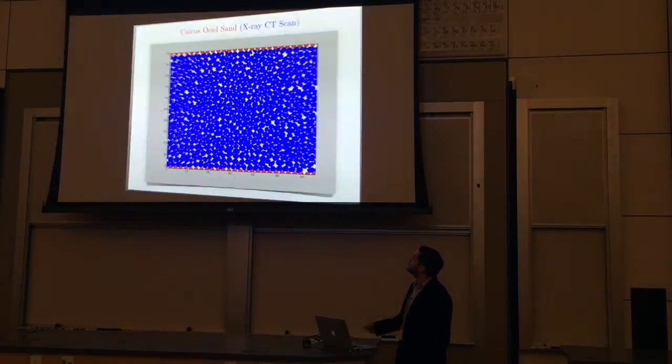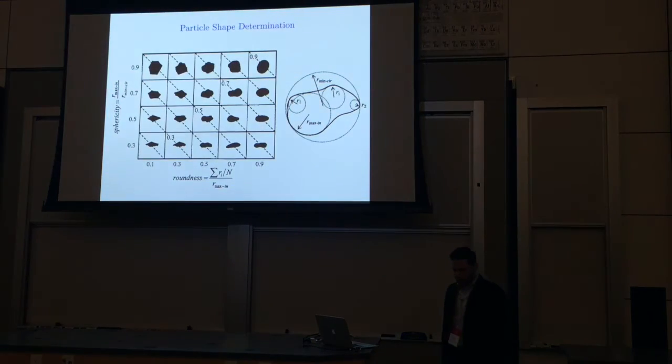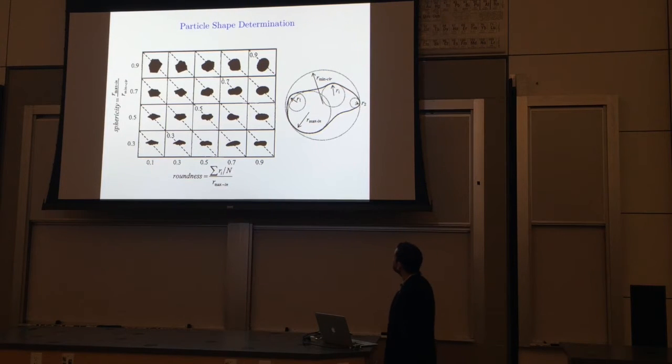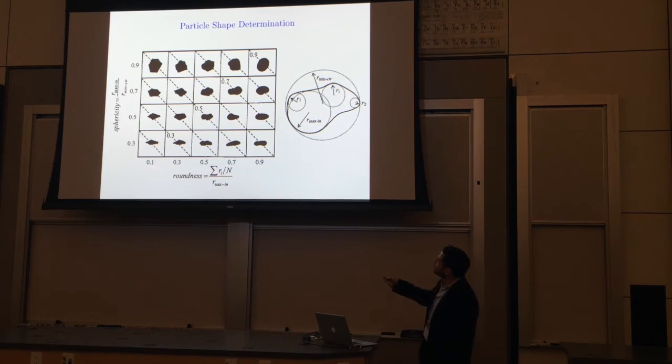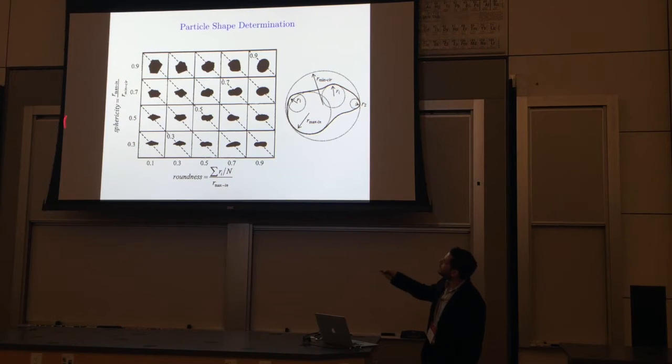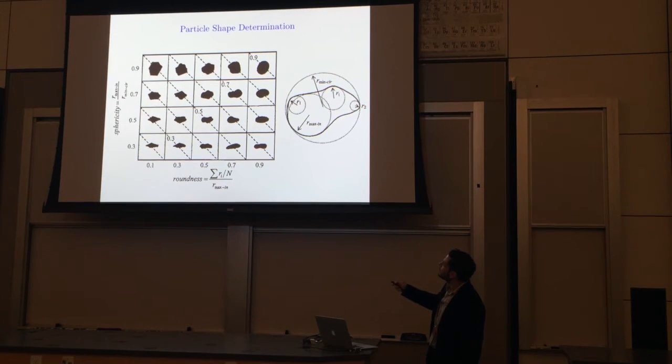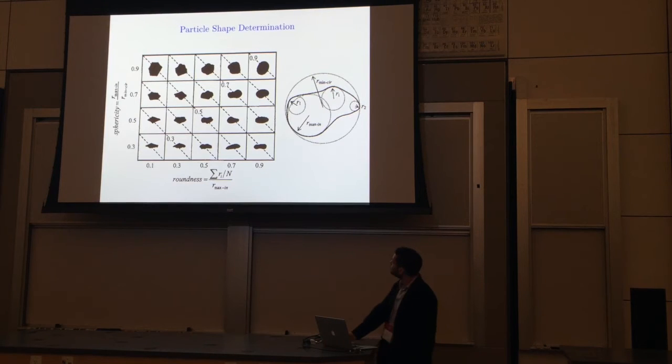Now we can dig into the relations between particle morphology and the critical state. We use these pretty well-known parameters, sphericity and roundness. Sphericity is related to the order of the diameter, and roundness is related to the order of the diameter divided by 10.